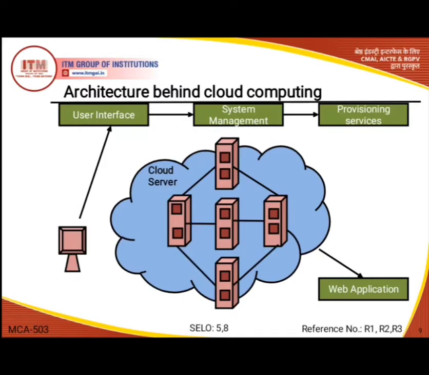For example, here this architecture is used to show the network, and it incorporates various types of servers, and it also provides storage facilities, specific types of applications and services that can be rapidly provisioned and released with minimum management effort or service provider interaction.